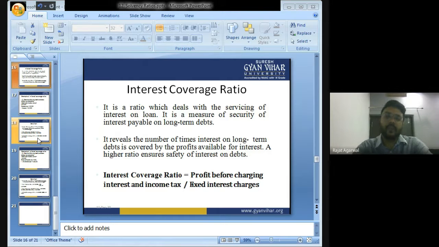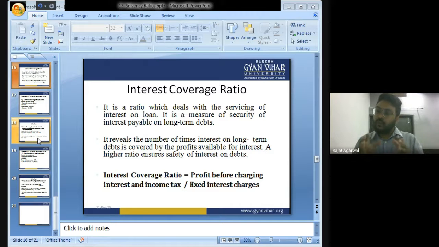ठीक है. Interest coverage ratio equals profit before charging interest and tax divided by fixed interest charges. We have to take the profit before charging interest and tax.